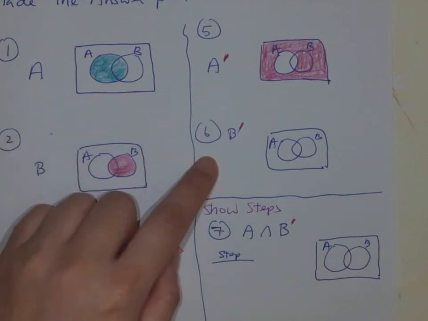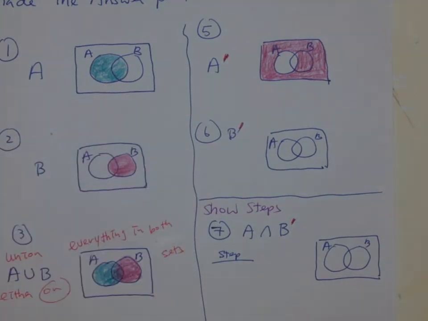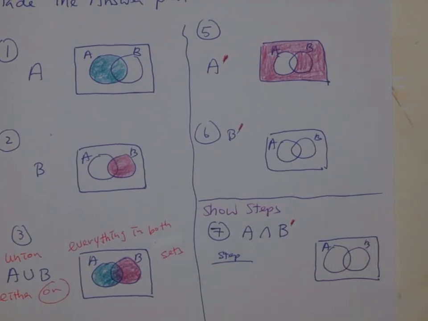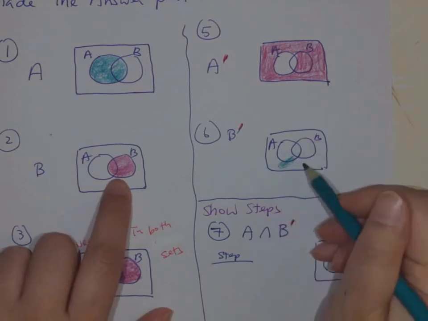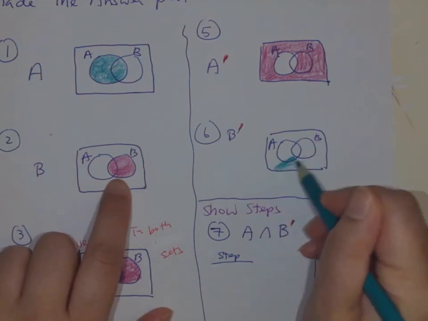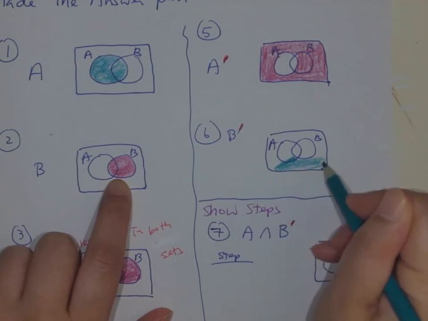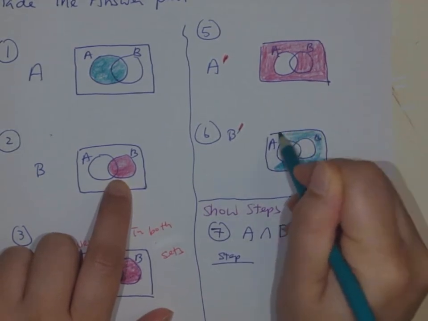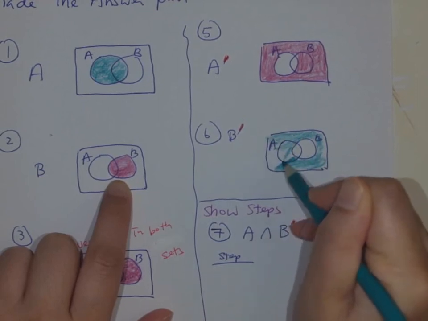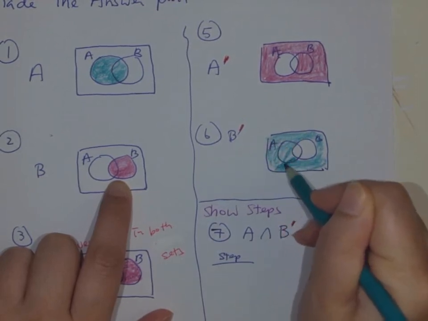Alright, so try to figure out what is not B. So not B would be outside of the B circle, right? So if B is this, what is outside? And if you look at these two pictures, B and not B, if you combine B and not B, what do you get?